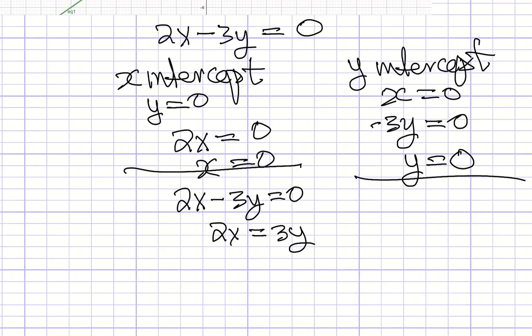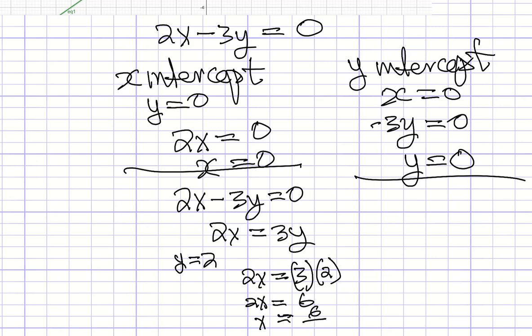So if you put y equals 2, then what do you get? You get 2x equals 3 times 2, so 2x equals 6, and x equals 6 over 2.